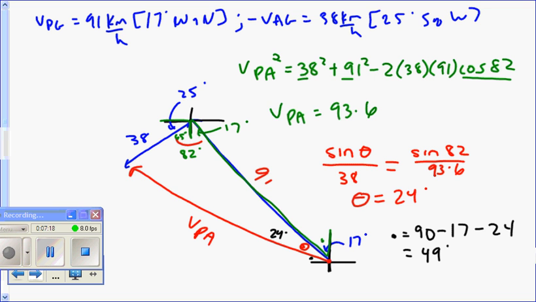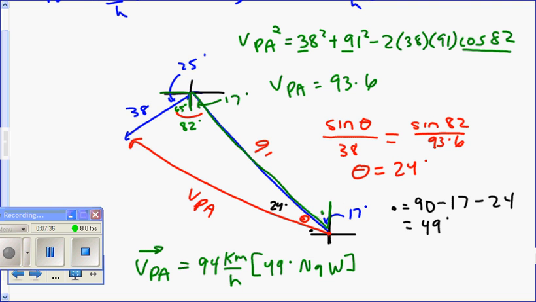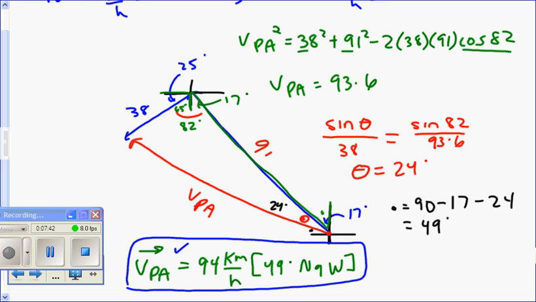Therefore, I can give a final answer to my question saying that my airspeed is going to be 94 kilometers per hour, 49 degrees north of west.